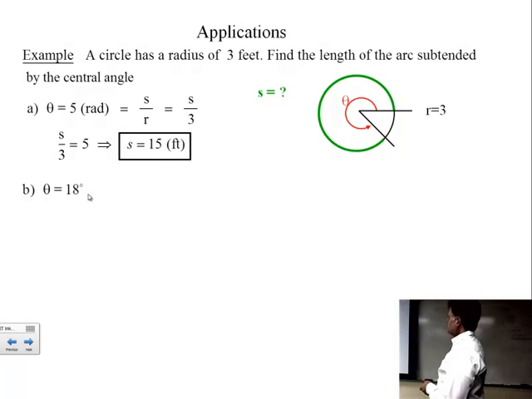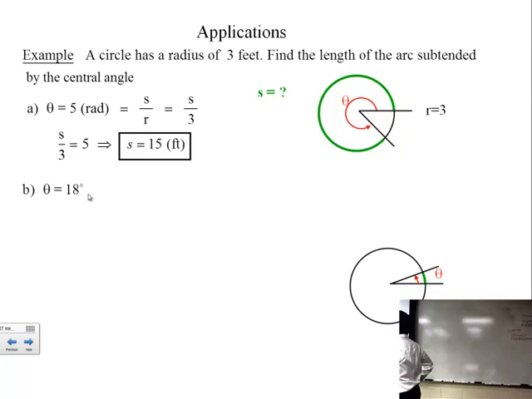How about theta equals 18 degrees? That's 18 degrees. So what do we do? Use this equation again and solve for s?